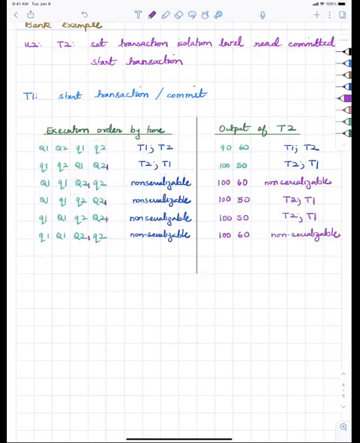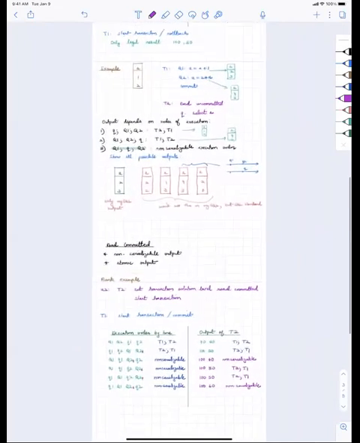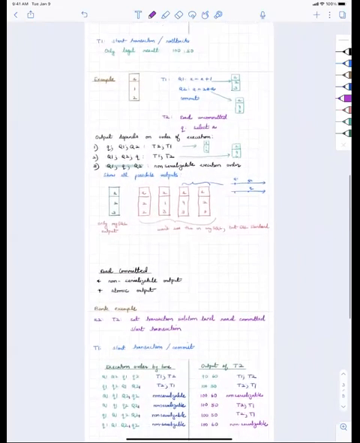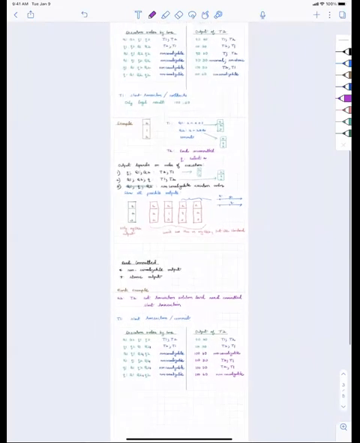Do you see the difference between the previous one and this one? If you look out here, you got 90 and 60, while here you got 160.